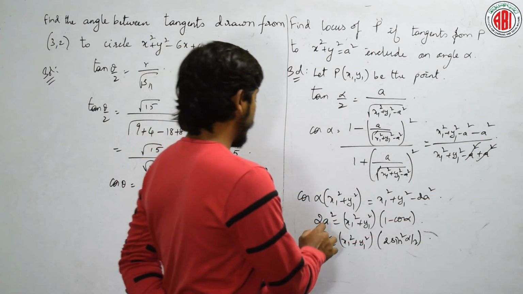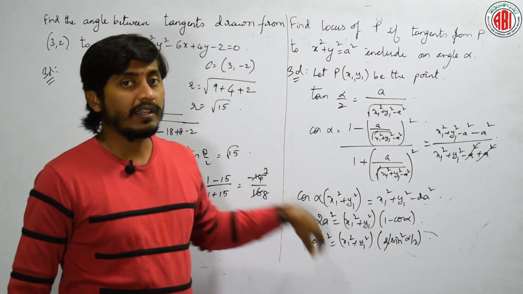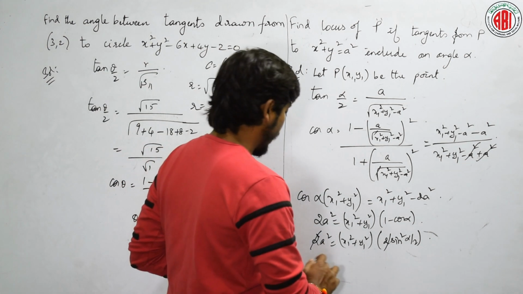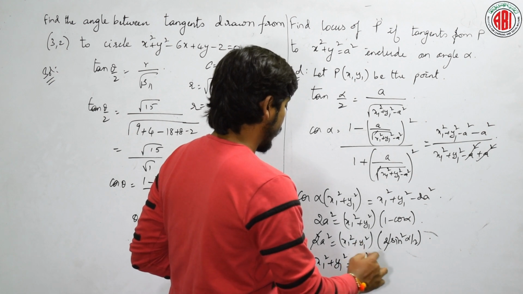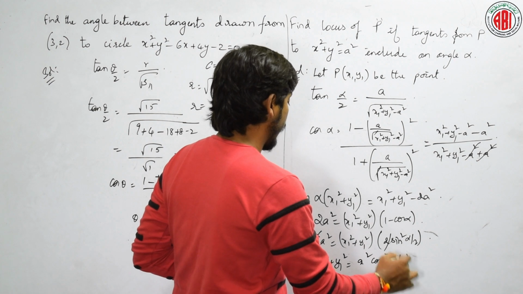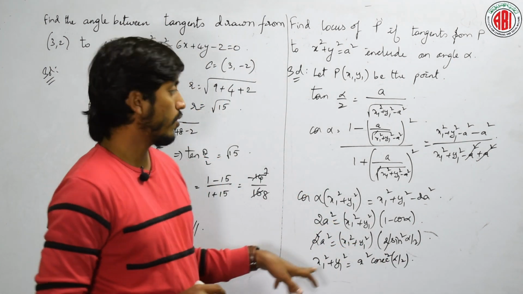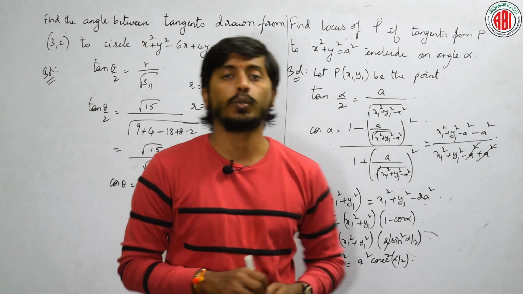Fine. If you observe, 2 will get cancelled. Sin square alpha by 2, if it comes as such, that will become cosecant square alpha by 2. So we can write the locus as x1 square plus y1 square is equal to a square cosecant square alpha by 2. Is it clear? So the locus is x square plus y square is equal to a square cosecant square alpha by 2.